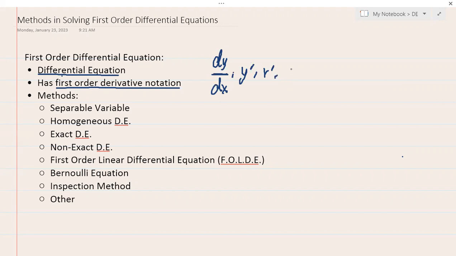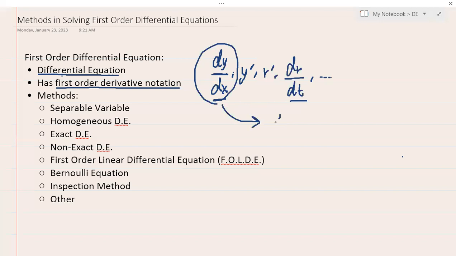Okay? Or we can use different format. dr all over dt. Okay? And so on and so forth, and many more examples. Okay? Ito, first order naman siya, it's so obvious. Kasi kapag ginawa mo tong second order, okay, for example, ito yung binilugan ko. Kapag ginawa ko tong second order, ganito maging tsura niya. d squared of y all over dx squared.